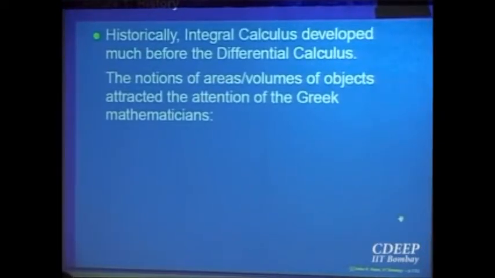The notion of areas, volumes of objects, how to compute the areas and volumes of various solids, attracted the attention of Greek mathematicians. So, real integration started in the Greek mathematics period, that was before Christ.